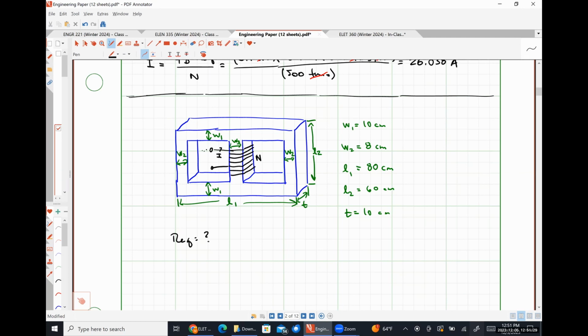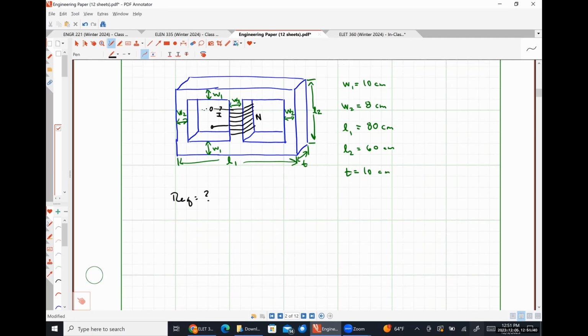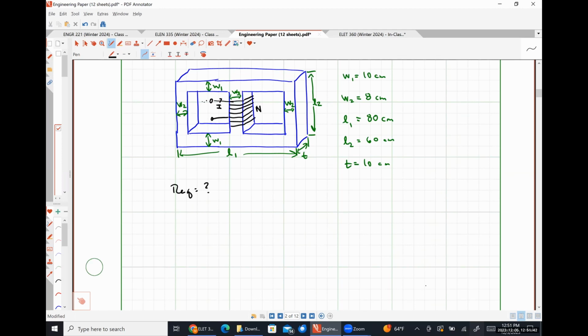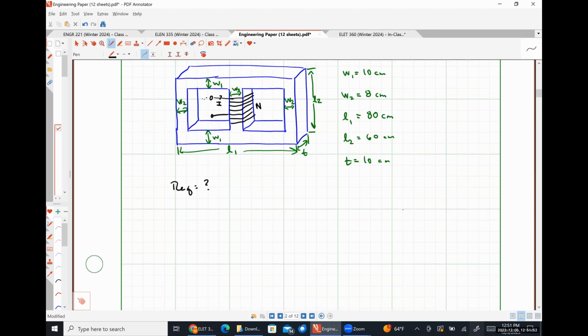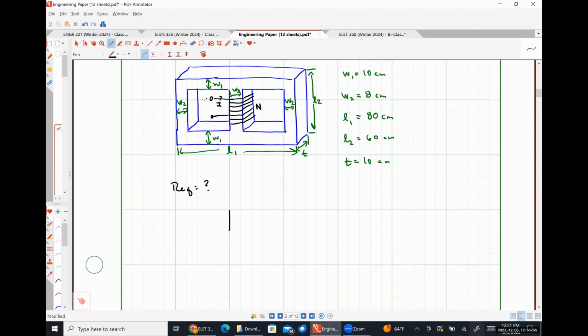So how am I going to transpose this physical structure into a magnetic circuit? Yeah, pretty close. So let's look at something like this. We're going to have the reluctance of our middle leg in series with our MMF.